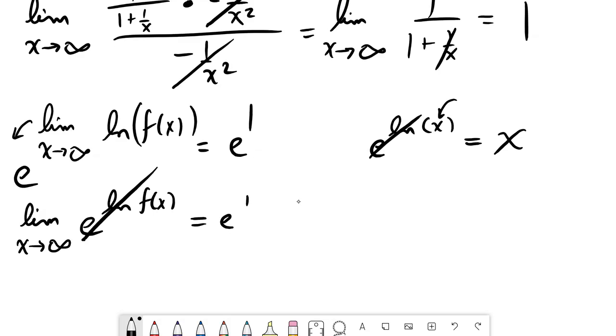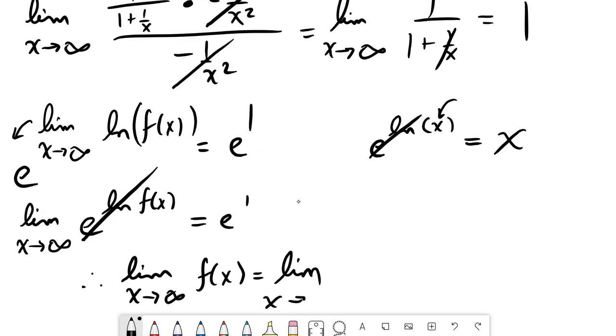This cancels out with this, and therefore the limit as x approaches infinity of f of x, let me write out what it was as a reminder, it was 1 plus 1 over x to the x, is equal to just e to the first power, which is just e. And that's how we generally do these types of problems with the indeterminate powers, like what I want to call them.